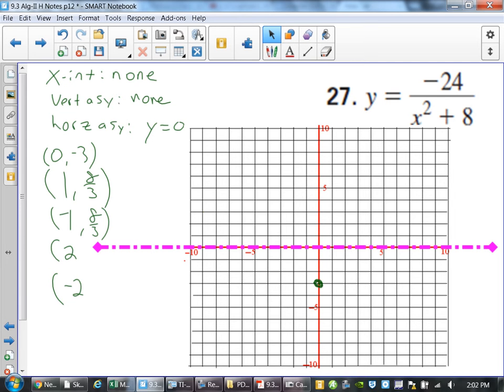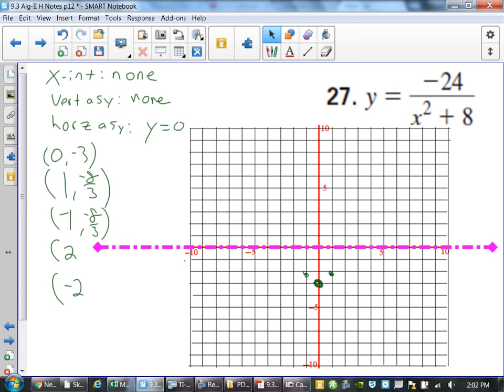Plotting 1, 2-ish points. It's convenient to have a thing that just moves. At 2, I have 2 squared, which is 4. 4 and 8 is 12.